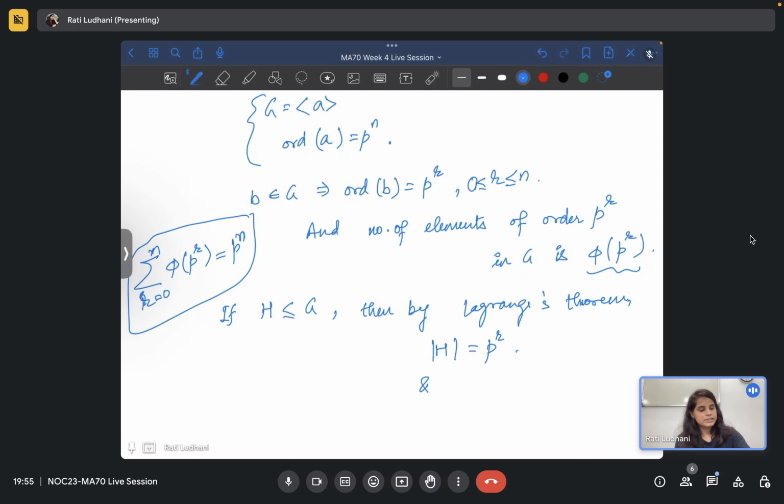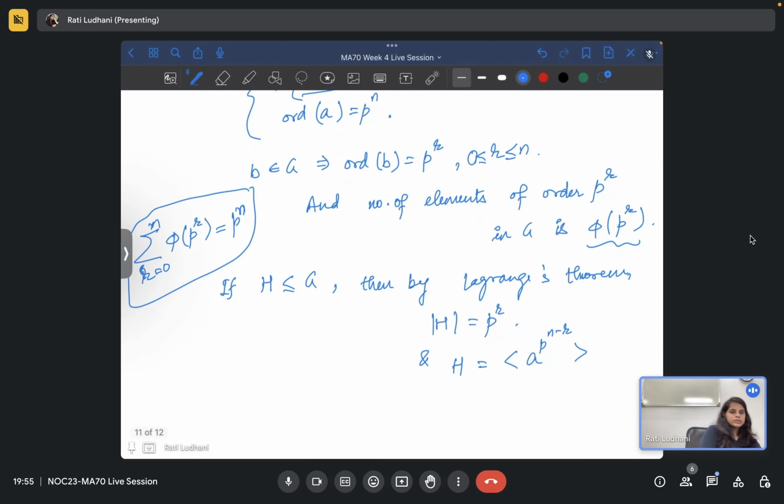And if I say that this is generated by a, then H will be generated by some element. To be precise, you can say a raised to power p raised to power n minus r.